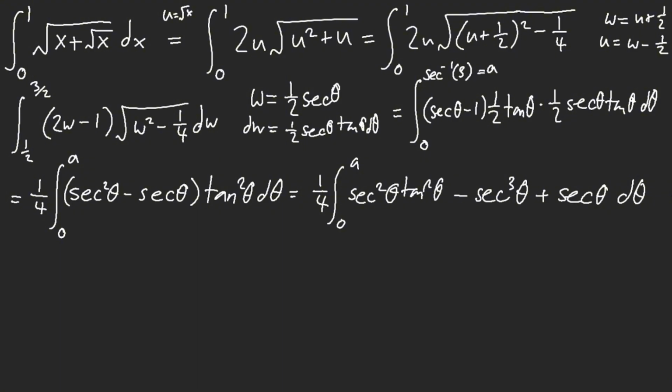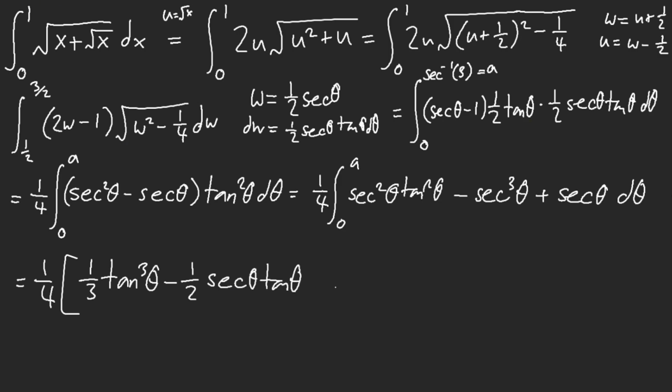So here you just go into 1/4. This is 1/3 of tangent cubed theta. Here, we know this, we're going to have 1/2 of secant theta tangent theta, and then 1/2 minus 1/2 of ln.